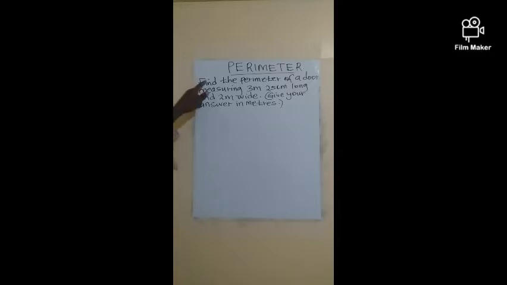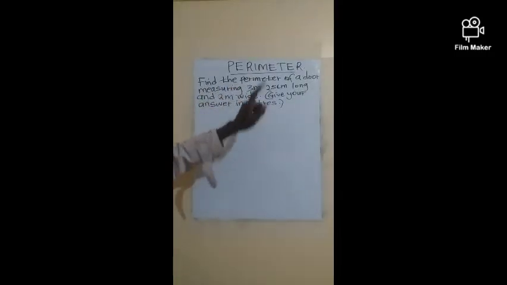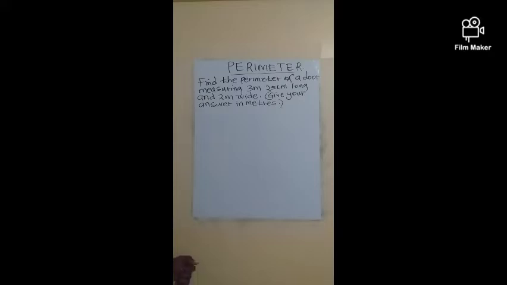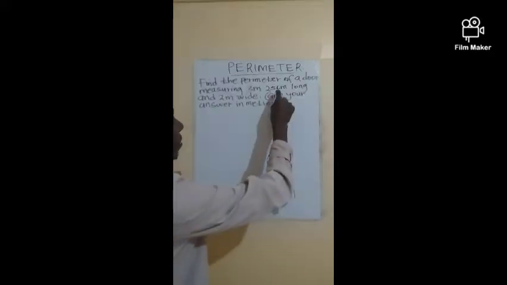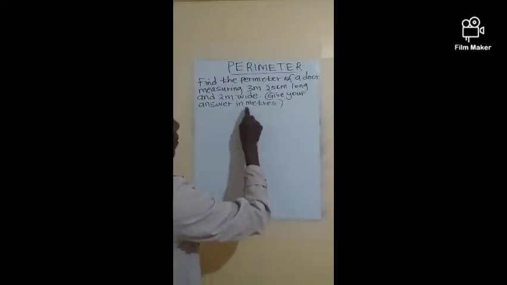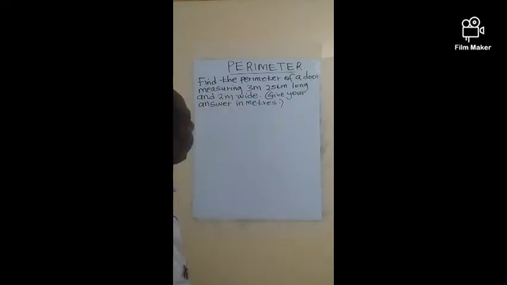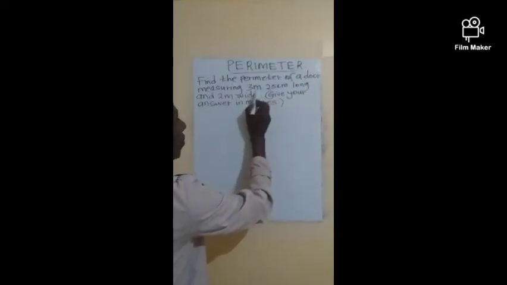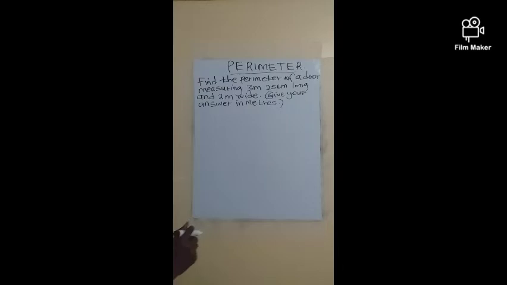We have been told to find the perimeter of this door, and as we know, a door is always in the shape of a rectangle, and this is our length, and this is our width. But now, our length has 2 units, meters and centimeters.